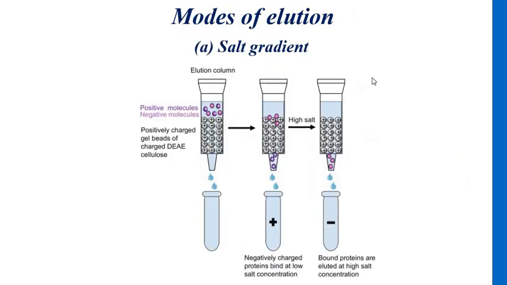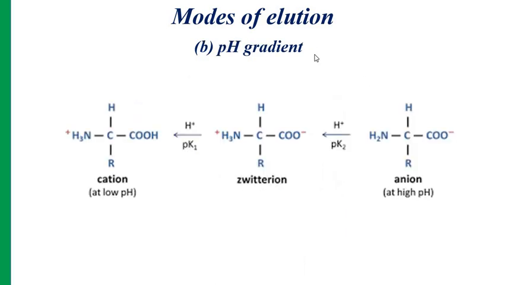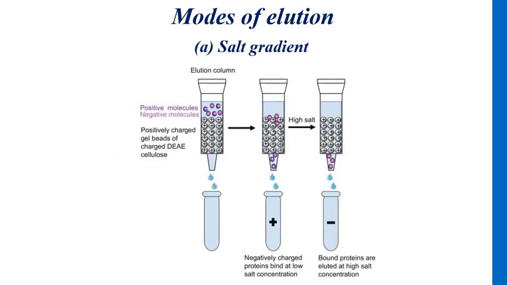Now, two modes of elution can be used in ion exchange chromatography, that is the salt gradient and the pH gradient. Suppose this is a column of the ion exchange chromatography. It is comprised of the positively charged gel beads which are showing its stationary phase.